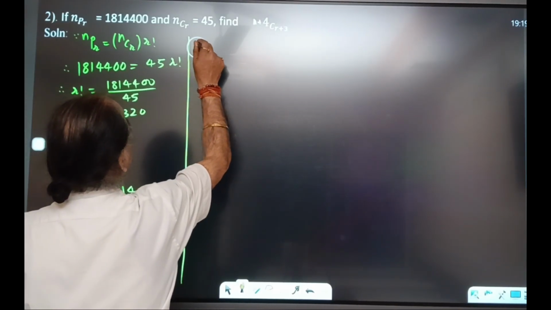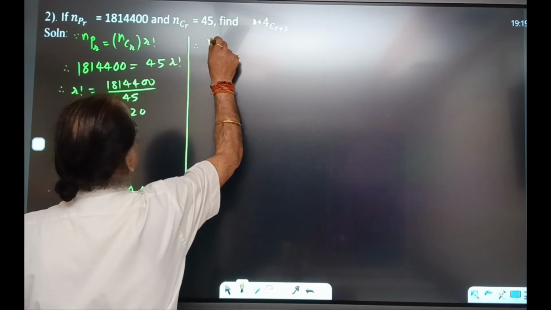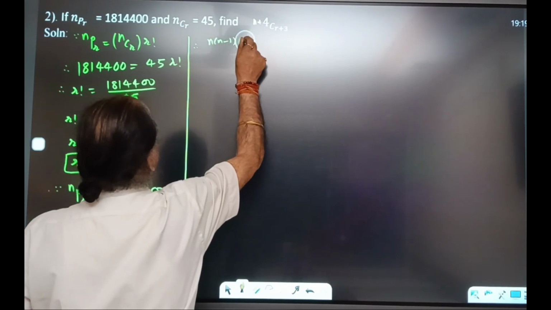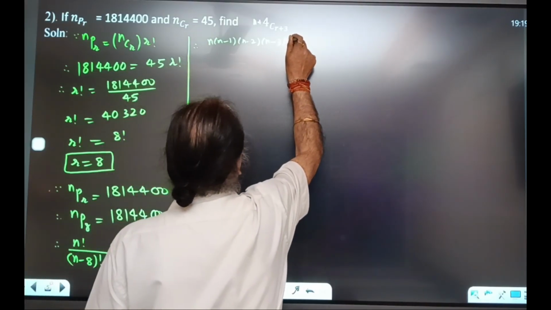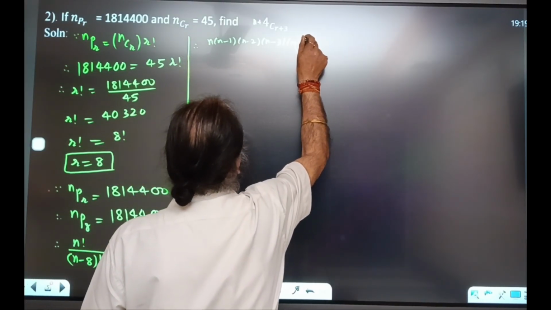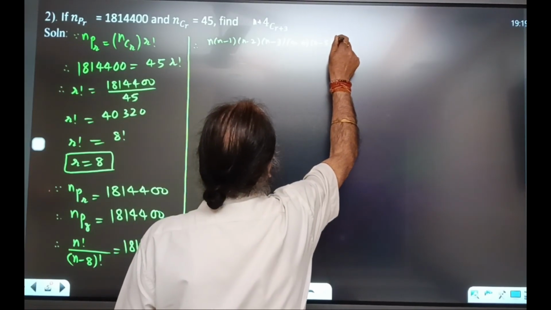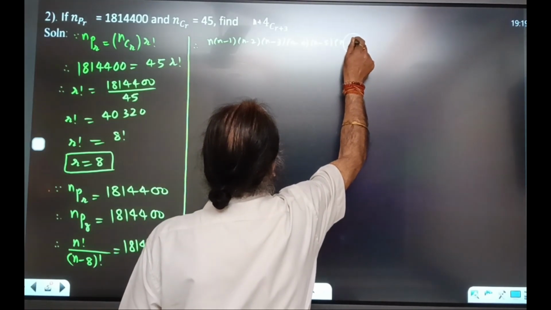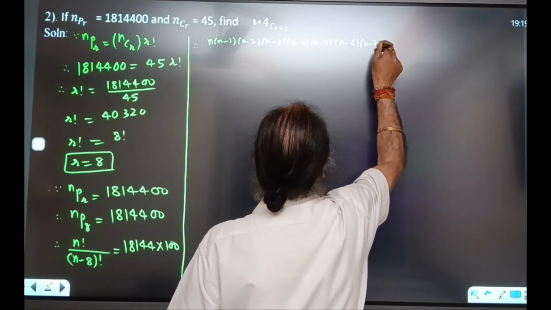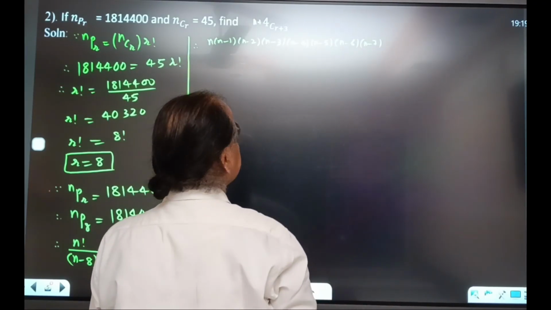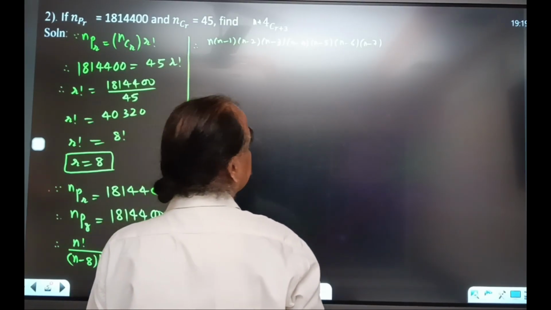Therefore n into (n minus 1), (n minus 2), (n minus 3), (n minus 4), (n minus 5), (n minus 6), (n minus 7) into (n minus 8) factorial will get cancelled with the denominator (n minus 8) factorial.